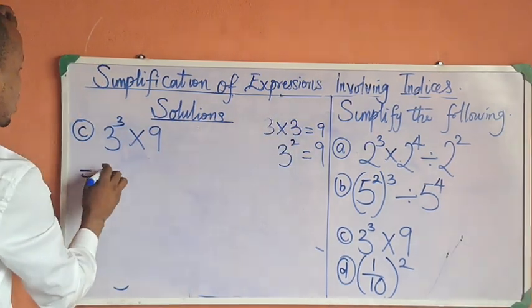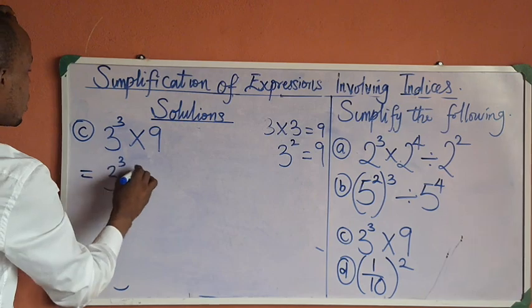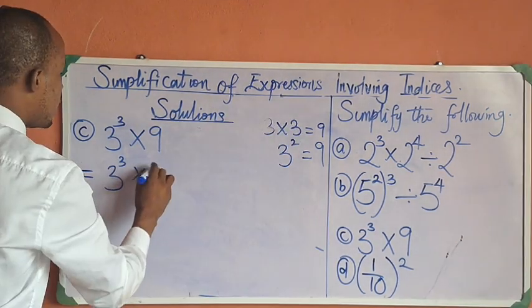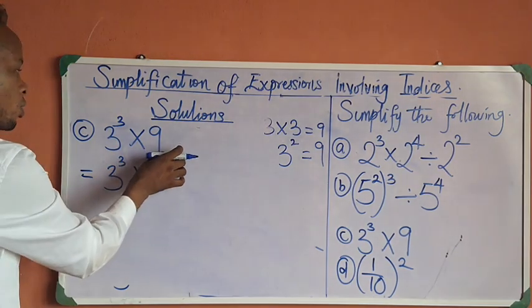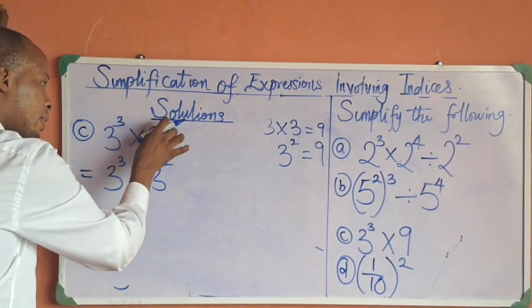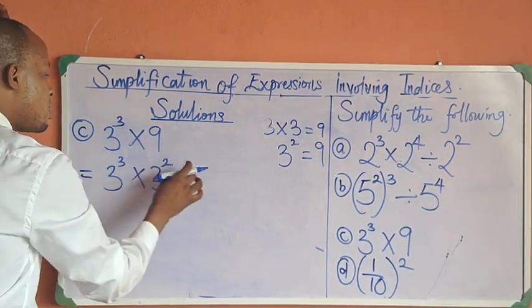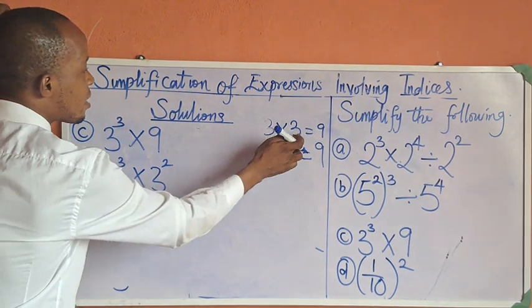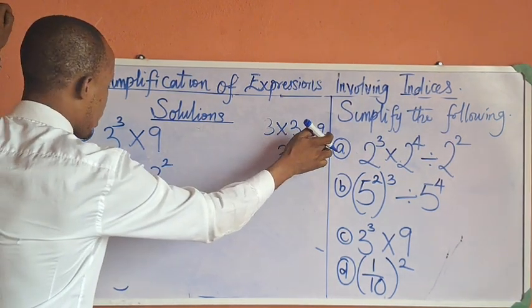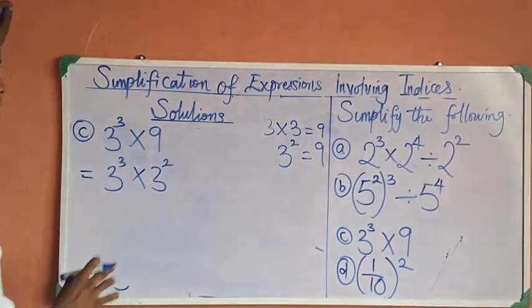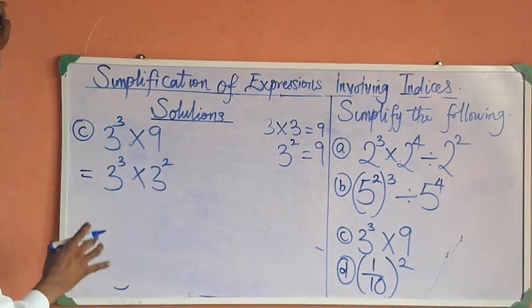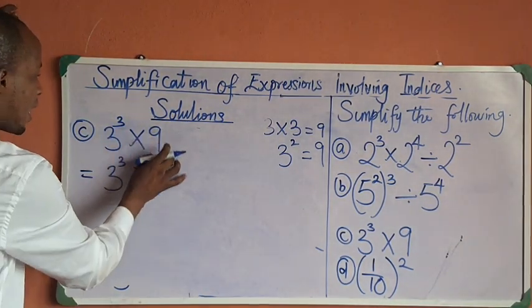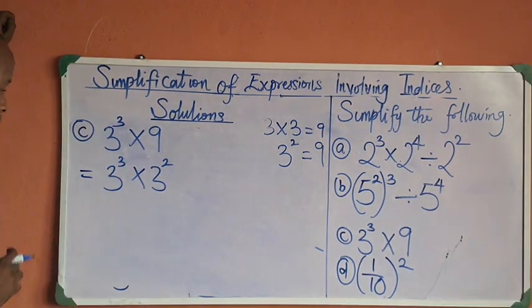So the answer now equals 3 raised to power 3 multiplied by 3 having the power of 2. 3 raised to power 2 means 3 is multiplied by itself 2 times, and that equals 9. So all I've just done is to replace 9 with 3 raised to power 2. The process I have done now is expressing 9 as a power of 3.